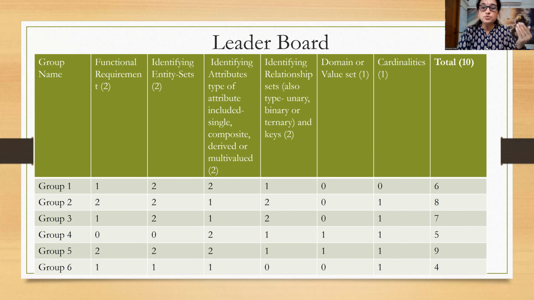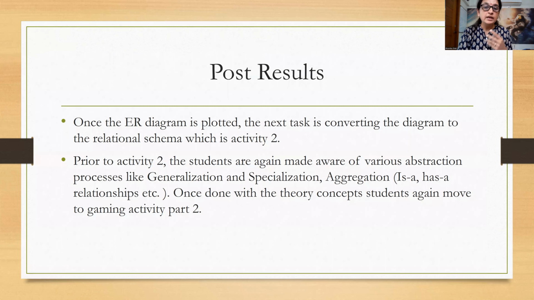Now this activity has to lead to the database design. So the entities which were identified here were to be converted to the schema. The next activity they were provided was that the diagram is to be converted to a relational schema.